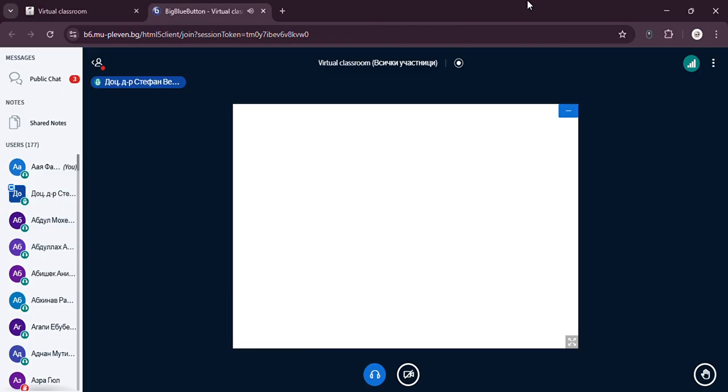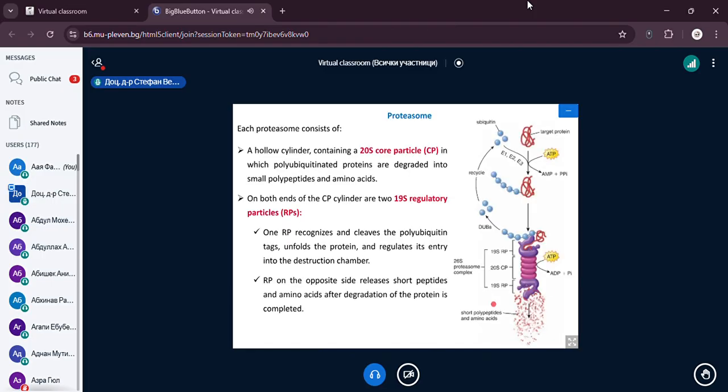And what is this proteasome? Each proteasome consists of a hollow cylinder, you see it here, this structure, which is called the core particle, and two, in purple, regulatory subunits or particles.